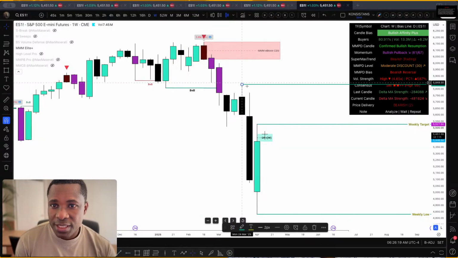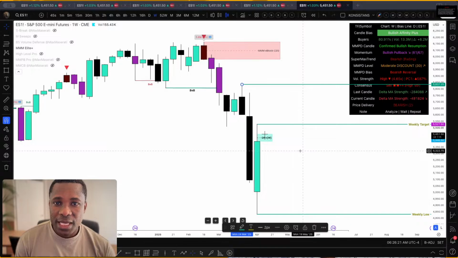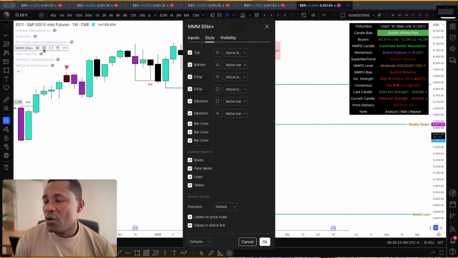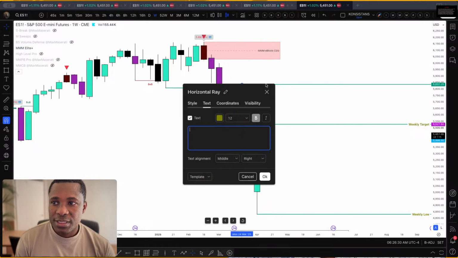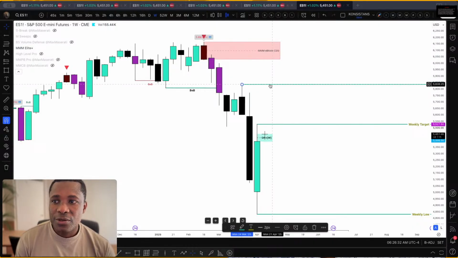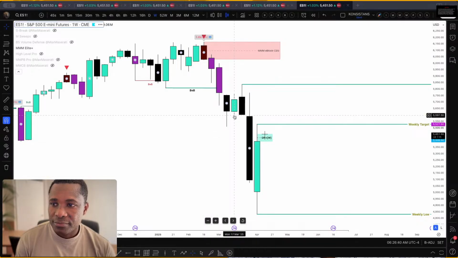Our last swing is at 5,827.5, unless price breaks this level and creates a market swing. So this area we don't expect price to close above it. Price can come and touch, but we don't expect price to close above. Highly likely price will come here.